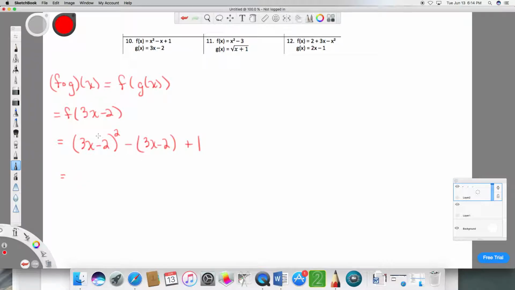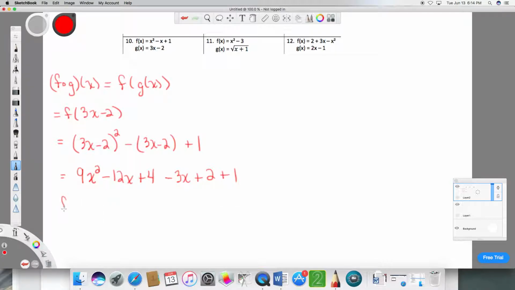Remember, exponents do not distribute. We have to take 3x minus 2 times 3x minus 2. That gets us 9x squared minus 12x plus 4. Let's distribute the subtraction through the binomial.